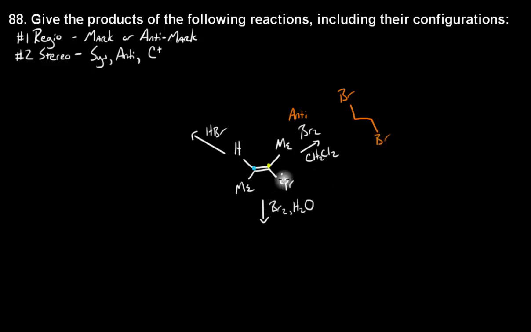Okay. Now let's pretend that, again, we have to worry about 3-dimensionality. So we can have the Br2 attacking the alkene from above, or we can have the Br2 attacking the alkene from below.